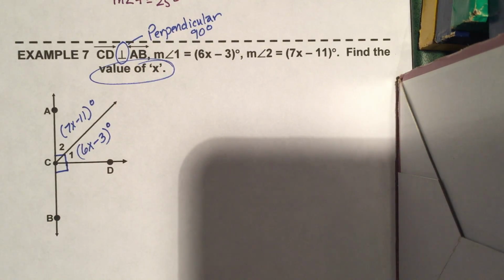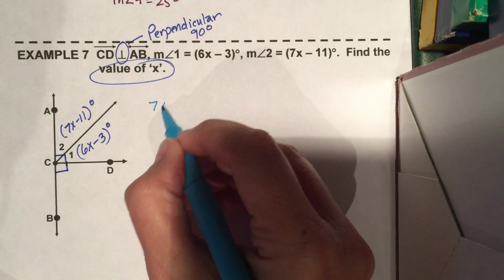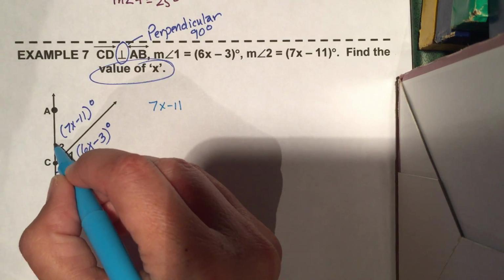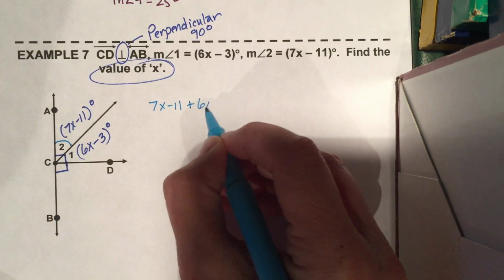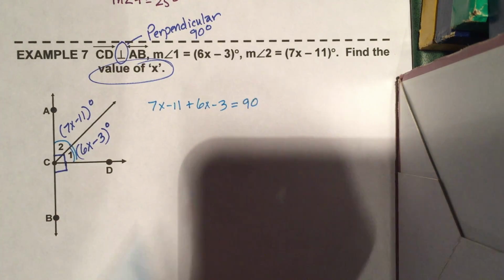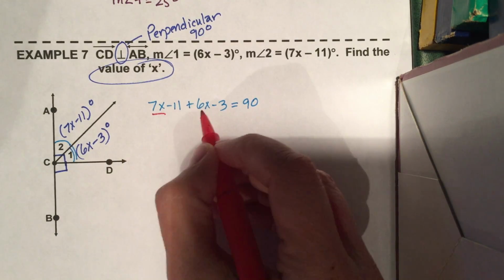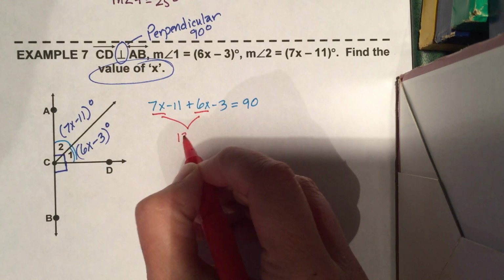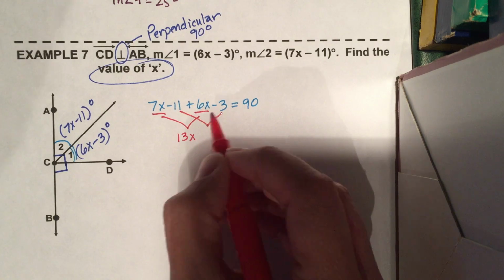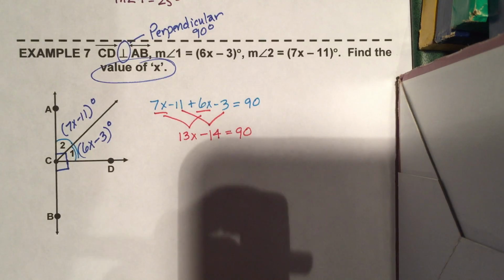Since they're perpendicular, what do we know they add up to? 90. So 7x minus 11, which is this angle, plus 6x minus 3, which is this angle, is going to equal 90. So now we just combine the like terms. I've got 7x and 6x, that's 13x, and then I've got negative 11 and negative 3, which is negative 14, equals 90.